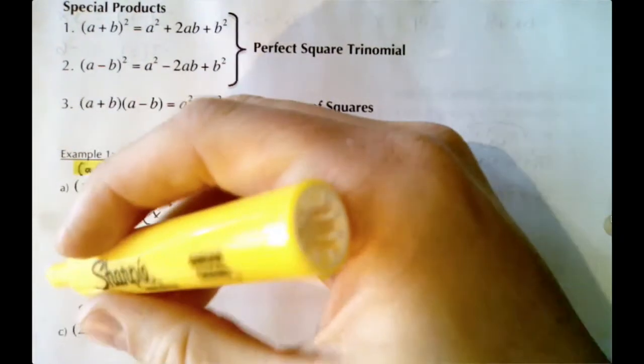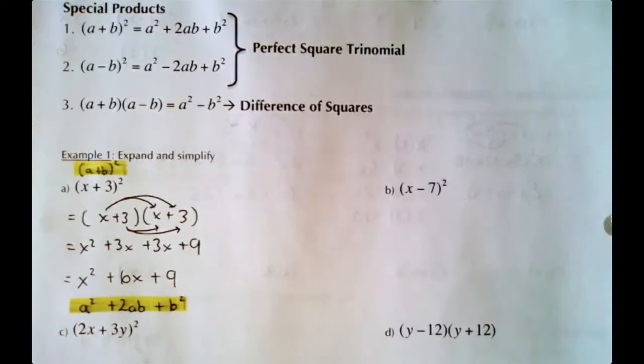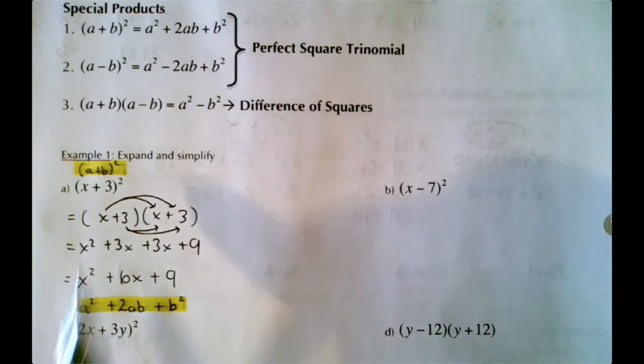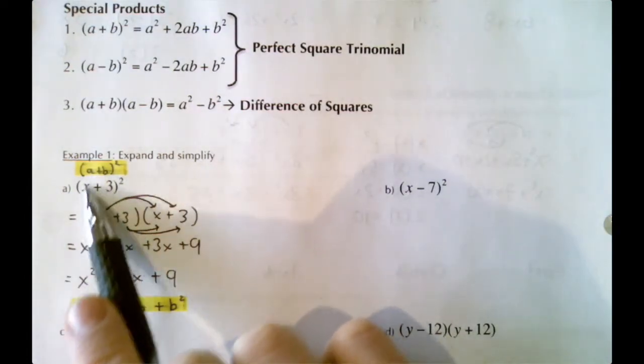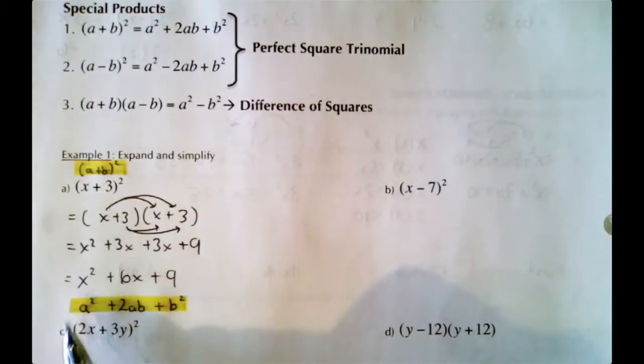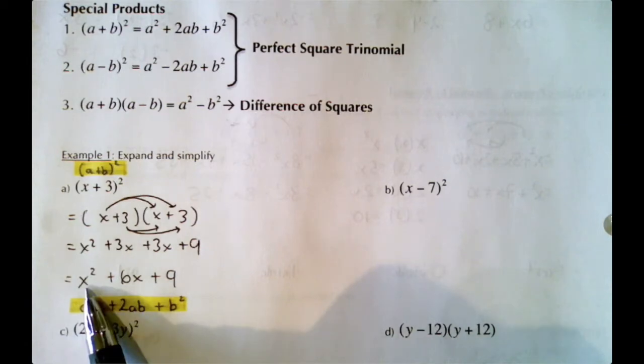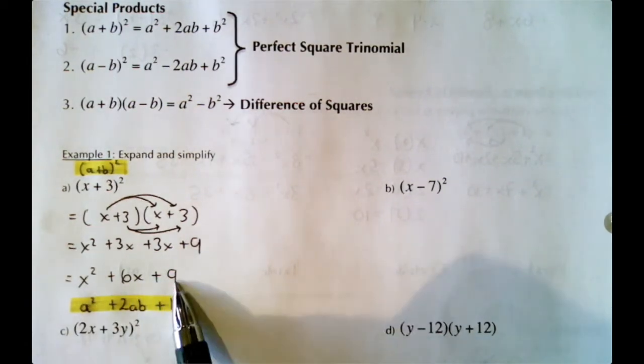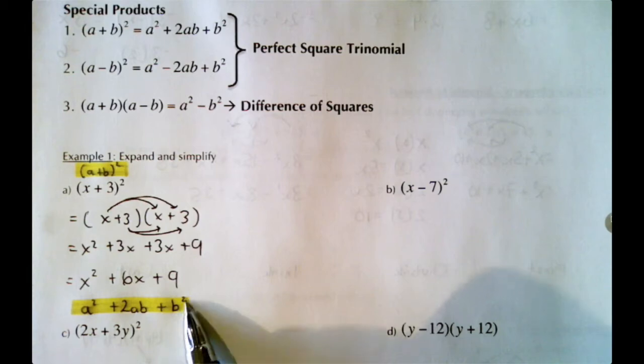So let's take a look. Let's see if it follows the pattern. If a is x, then our answer has to be a squared. Well, that means our answer would have to be x squared, which it is. We're going to skip the middle term for a second and go to the last term. The last term is supposed to be b squared.